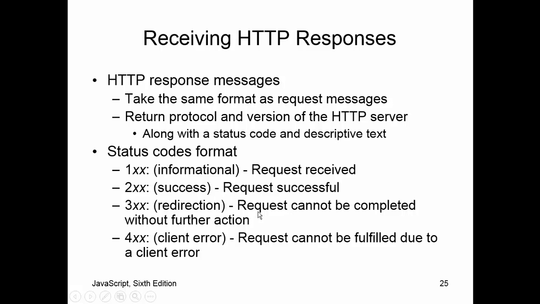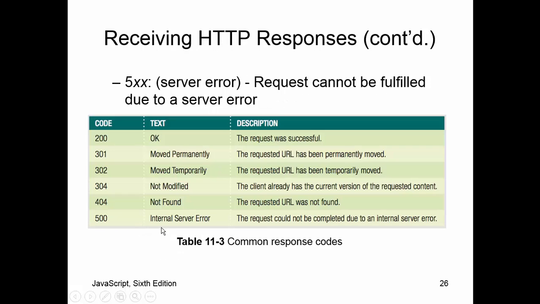If the request cannot be completed without further action, you'll get a response in the 300s. And if there's some kind of error, you'll get a response in the 400s. So the point is this: ideally, you shoot for some kind of response in the 200s, and you try to avoid the 300s and 400s. And there's 500s too, I guess, and that's on the server side.